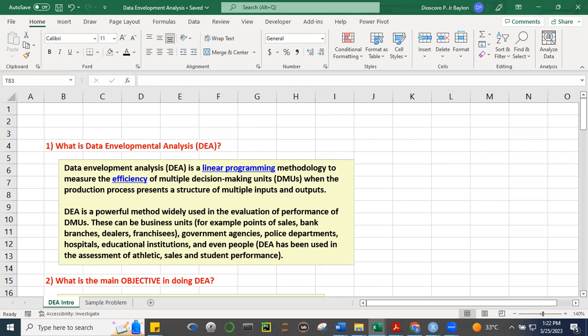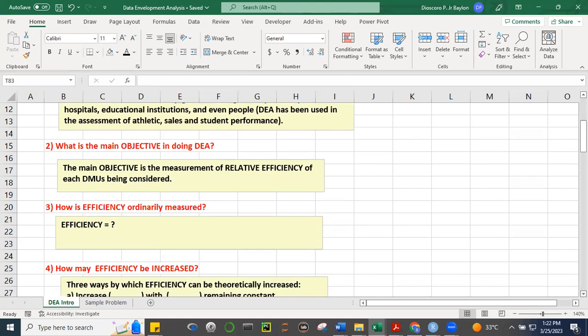So what's the main objective of doing DEA? The main objective is to measure the relative efficiency of each of the DMUs being considered. We're going to compute the efficiency of each of the DMUs, and it will be a relative efficiency metric. We're going to determine which among the DMUs are relatively efficient.